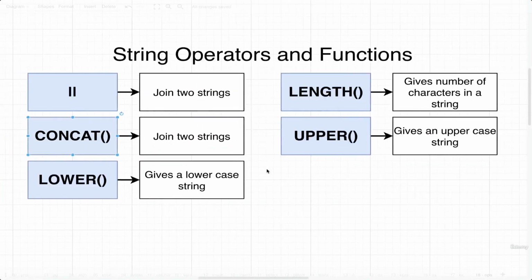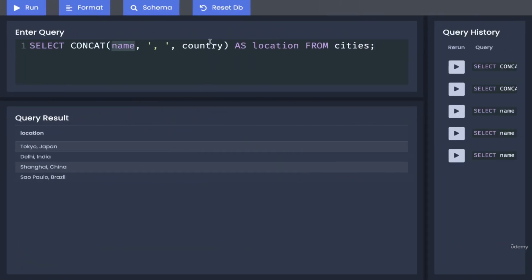All right. We could also make use of other functions for manipulating strings, such as lower or upper. That will give us the lowercase or the uppercase value of some column. Let's try turning the name and country right here into uppercase and then joining them together. We can stack together as many functions as we want. So rather than deleting anything here, let's wrap name right here with an upper function call.